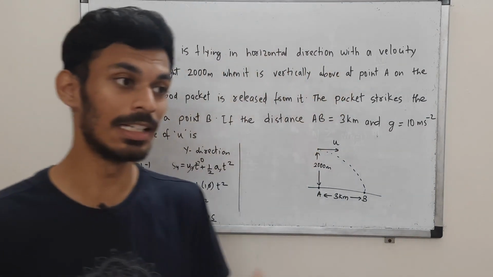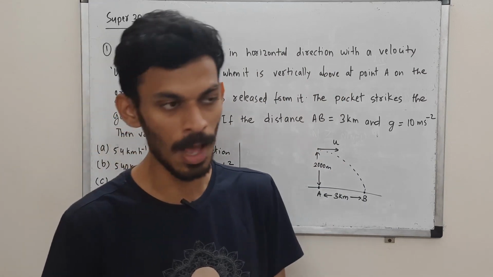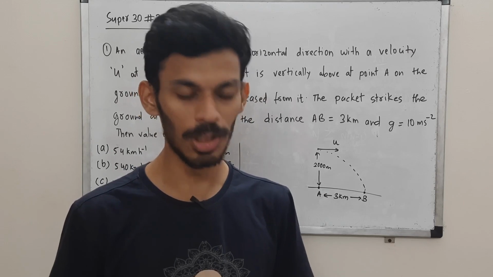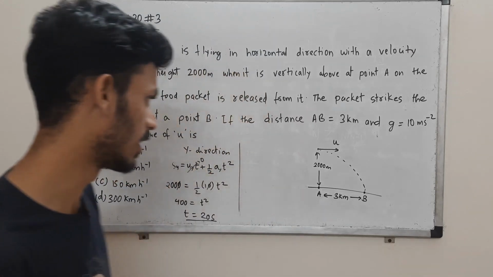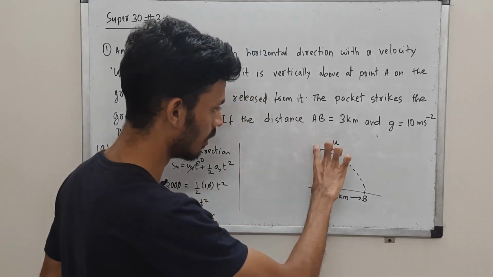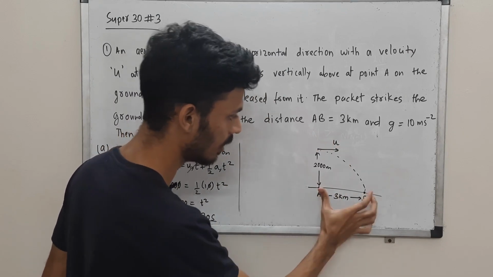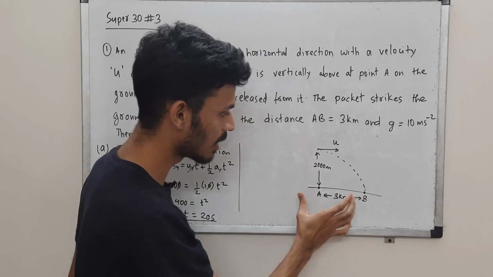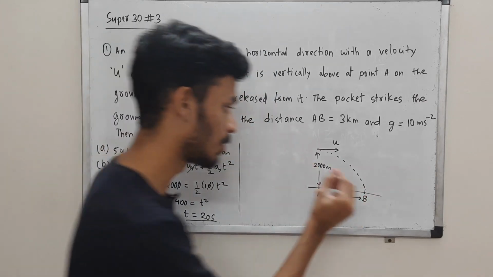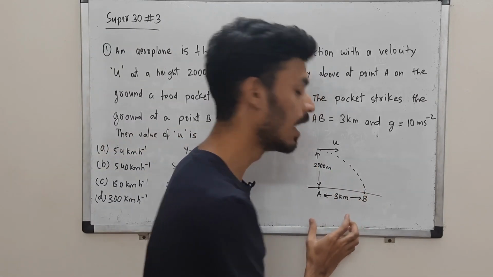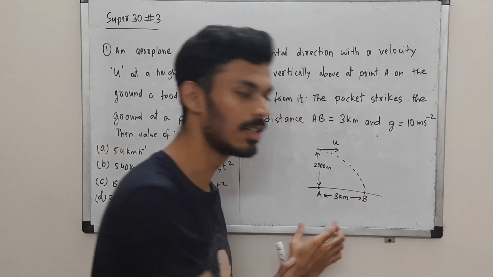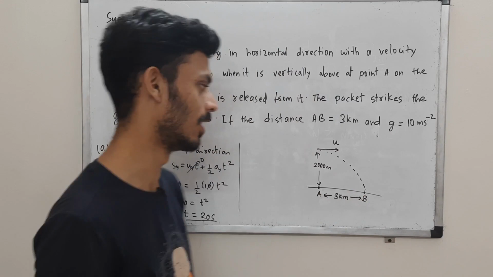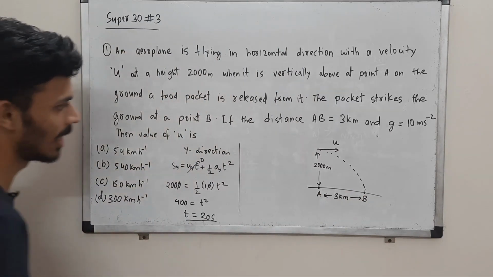The other quantities, displacement and velocity, may not remain the same, but time will be the same in both directions, because this is the time that it takes in the y direction. Effectively it is reaching over here. It's covering this distance in x, and if it has to reach point B, it has to also cover the same 3 kilometers in the x direction during the same time. That is the key point over here: time is independent of frame of reference. That is what I mean.